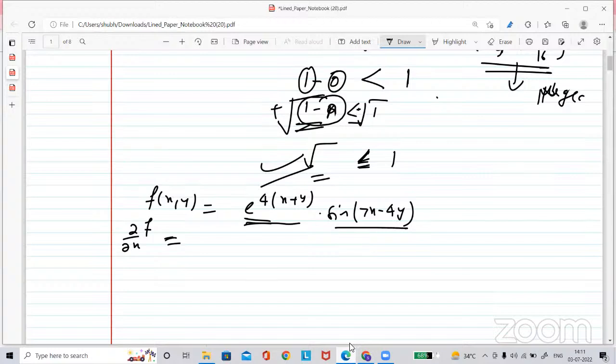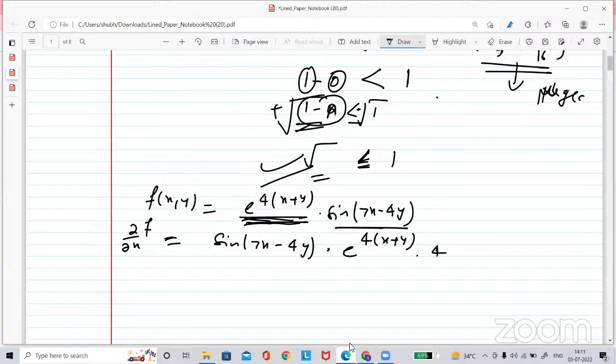We first differentiate any one of them and leave the other as it is, and then the other one. So sine of 7x minus 4y, and the derivative of e raised to 4x plus y.